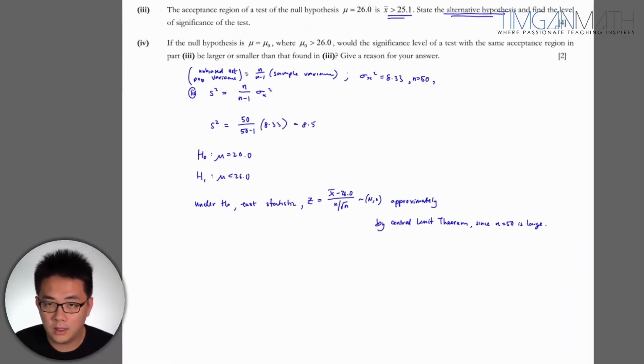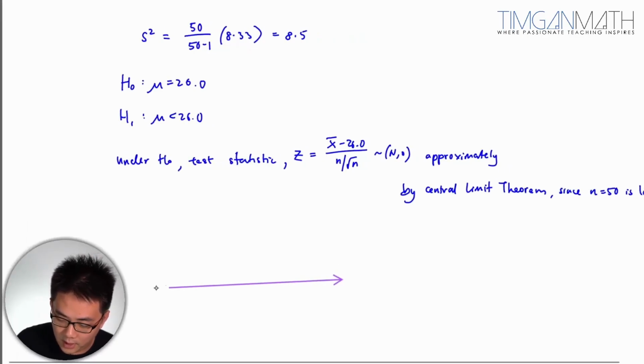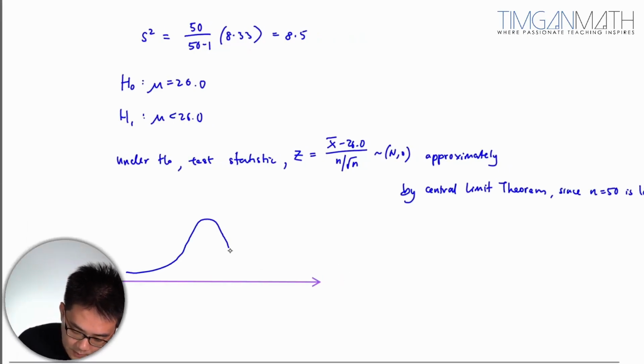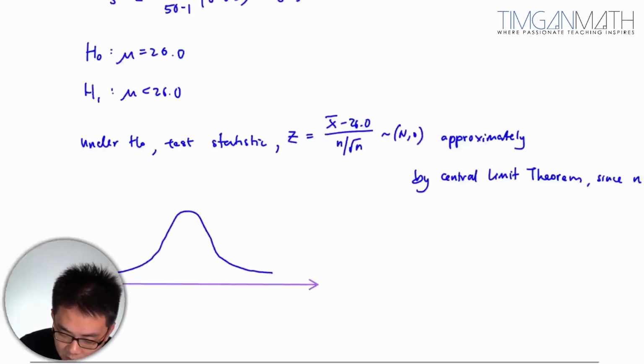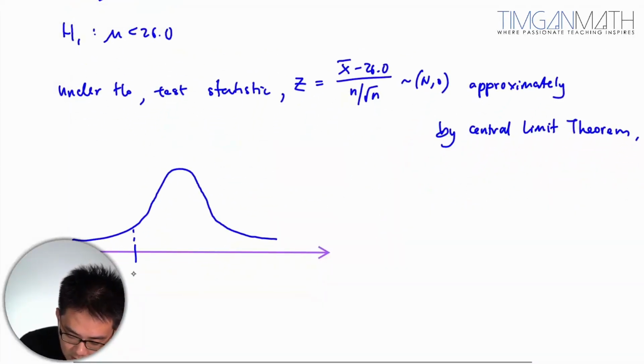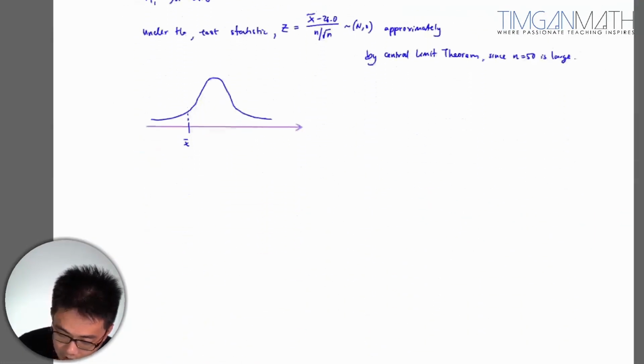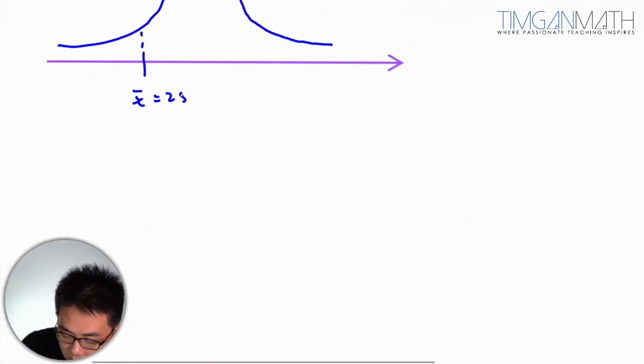Let's try to understand what's going on here. The acceptance region for H0 would be x bar here, which is 25.1.